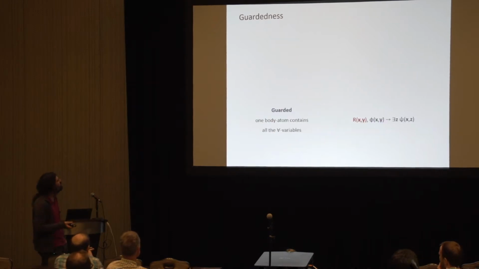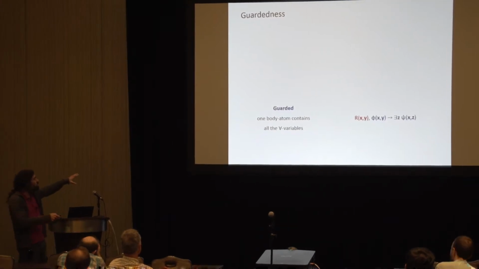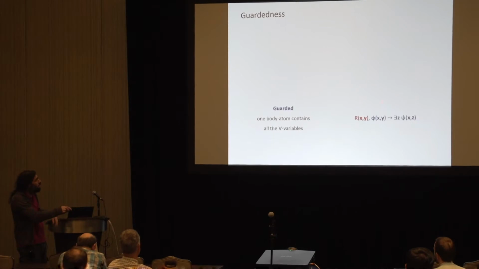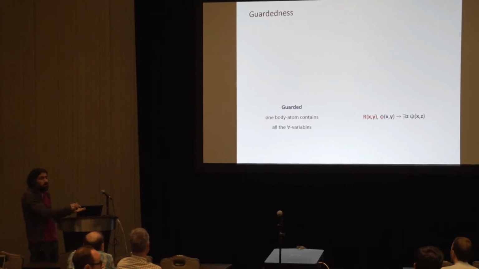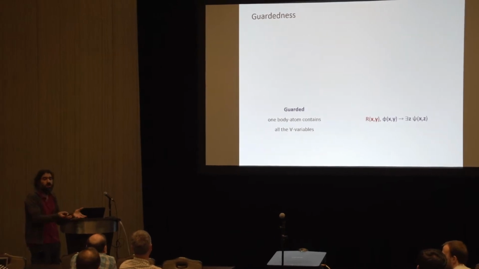The first family depends on the notion of guardedness, which is inspired by the guarded fragment of first-order logic. Let me say that now I will use a simplified syntax. I will just drop the universal quantifiers and use commas for joining atoms. So a guarded TGD is basically a TGD with an atom in the left-hand side of the rule, which we call the body, that contains all the variables.